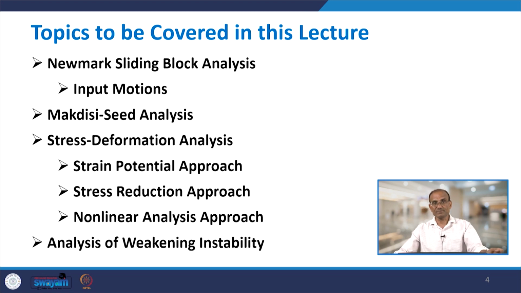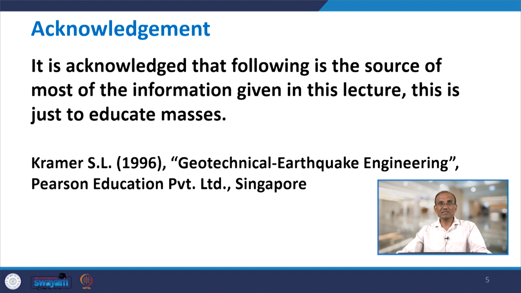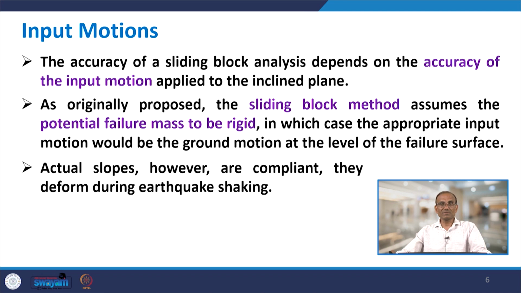Then Makdisi-Seed analysis, also for seismic slope stability analysis, and then stress deformation analysis, which is under 3 categories: strain potential approach, stress reduction approach, and nonlinear analysis approach. Finally, analysis of weakening instability. All this material is taken from Kramer's book, so many of the contents are from this book, which is acknowledged here.